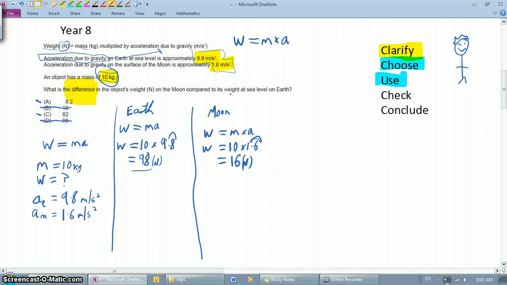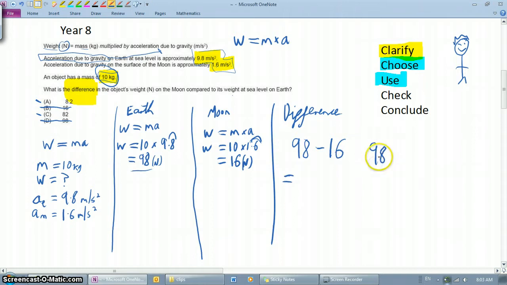So let's do the difference. 98 minus 16 equals, we'll do it over here properly, 8 minus 6 is 2, 9 minus 1 is 8, leaving me with 82. Is that one of my options?